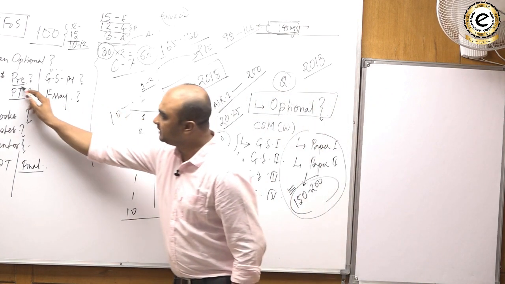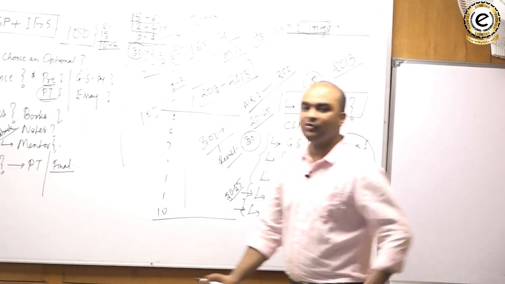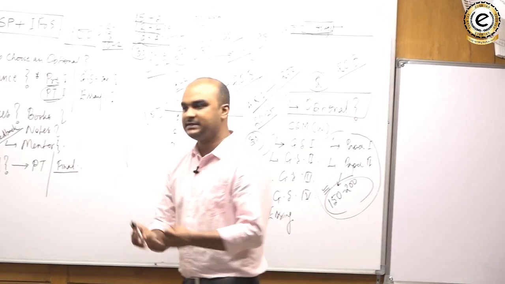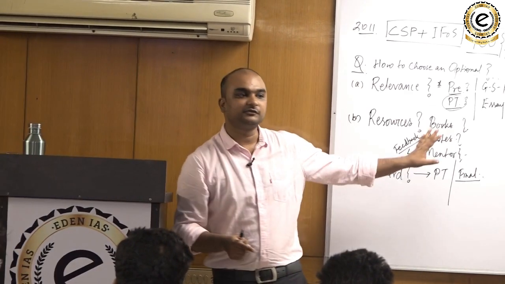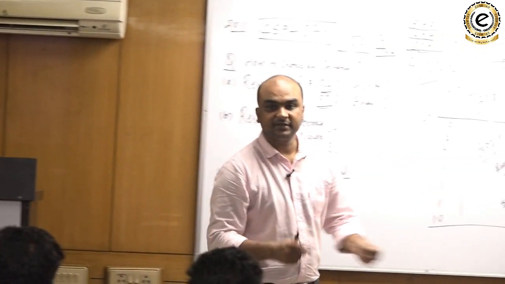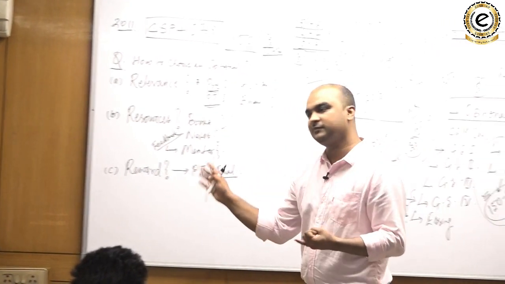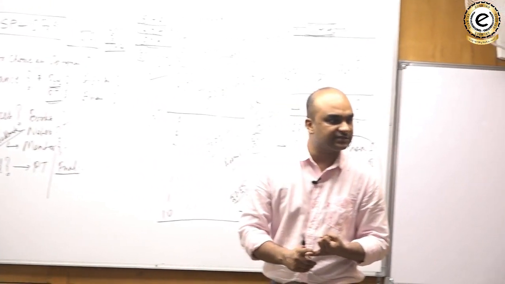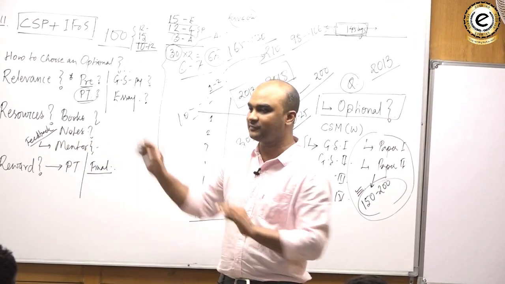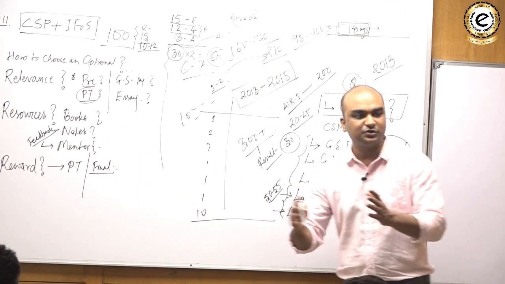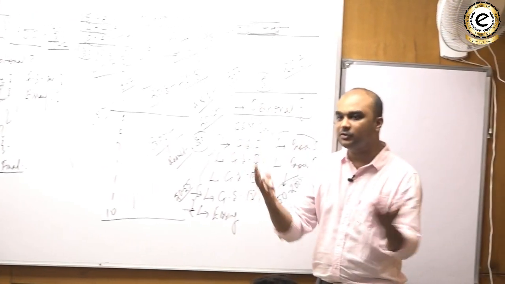Let's come to the interviews. When you go for the interviews, there are general questions about urban planning, which is part of your regional planning geography. There is a question about agriculture, which is part of geography again. There is a question about industry, which is part of geography again. There is a question about monsoons, which is part of geography again. And you can understand that agriculture you cannot answer without having knowledge about monsoons.